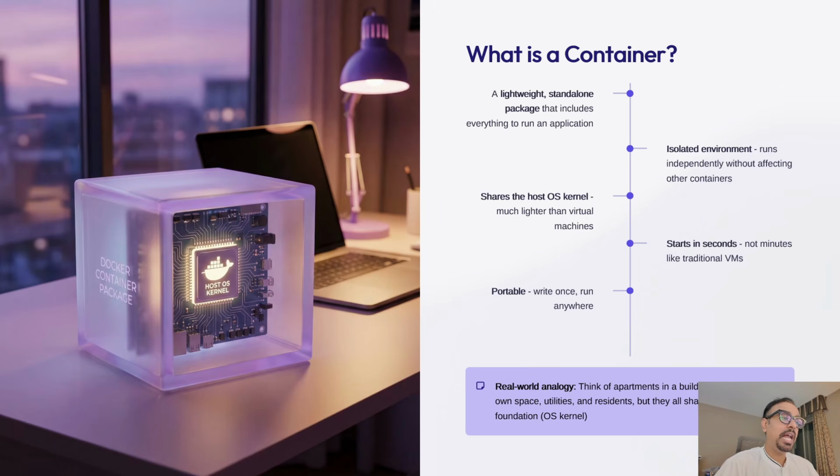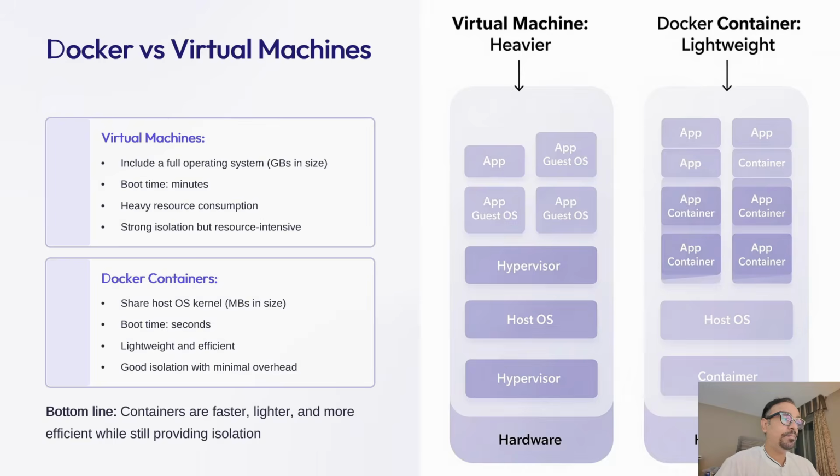Each container is an isolated environment running your application with its own file system, processes, and network. But all containers on your machine share the same operating system kernel, which makes them incredibly lightweight. A container can start in just a few seconds compared to minutes for a virtual machine. This efficiency is what makes Docker so powerful. You can run dozens of containers on a single machine without slowing it down.